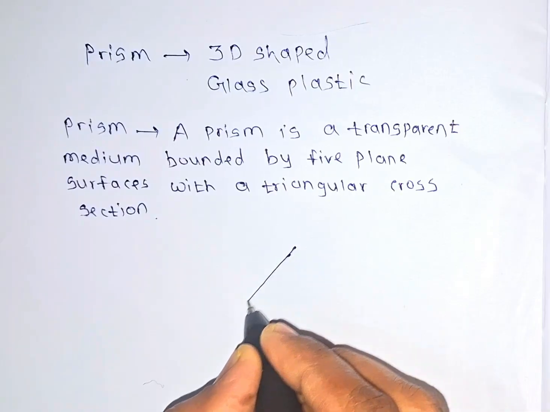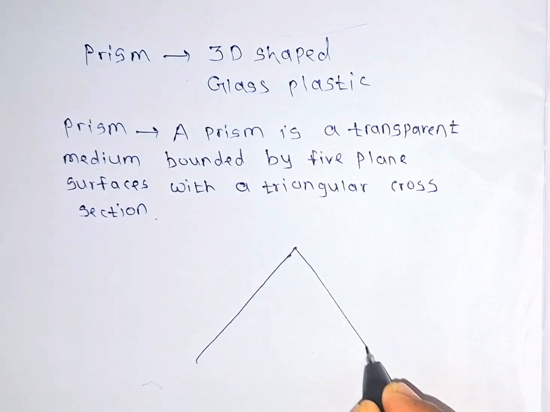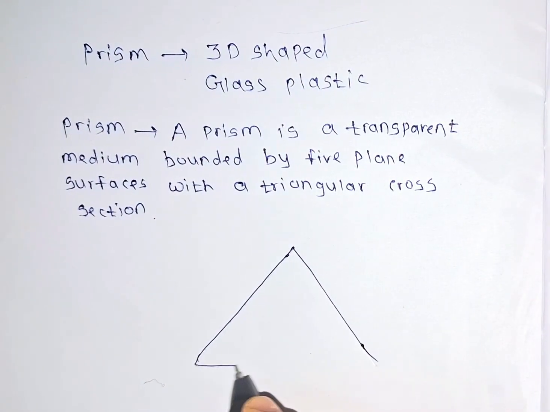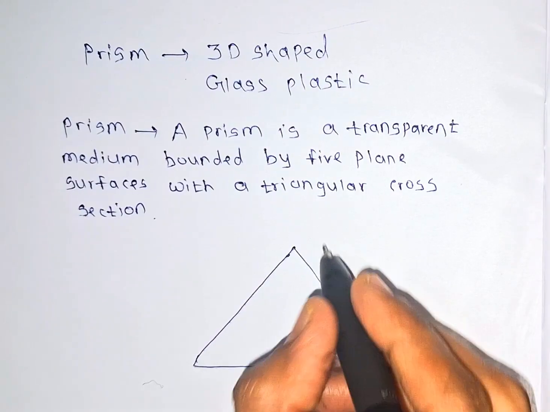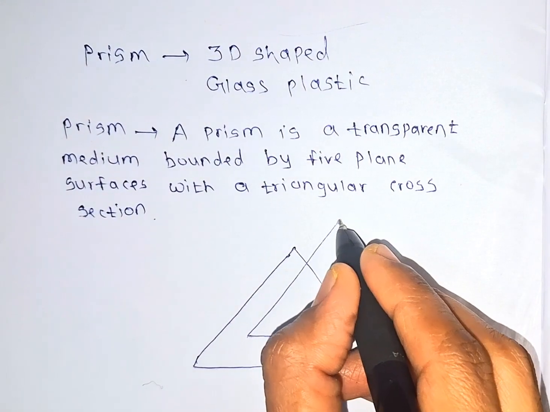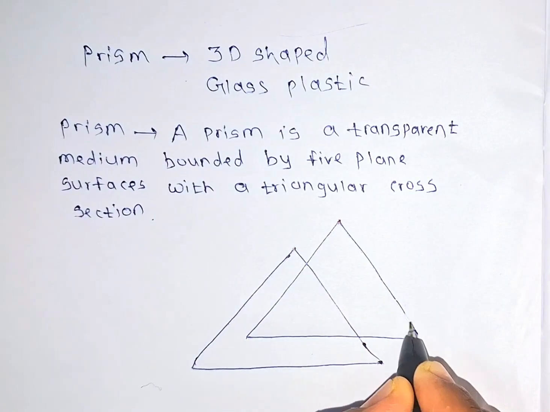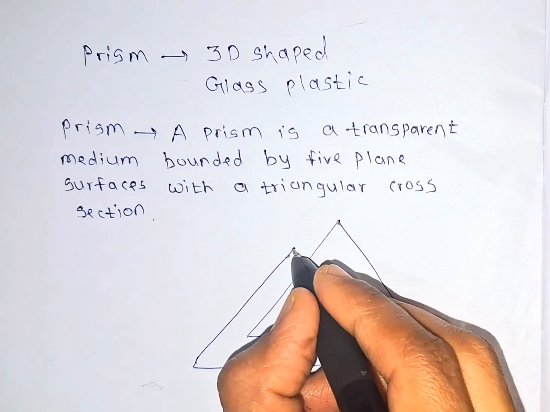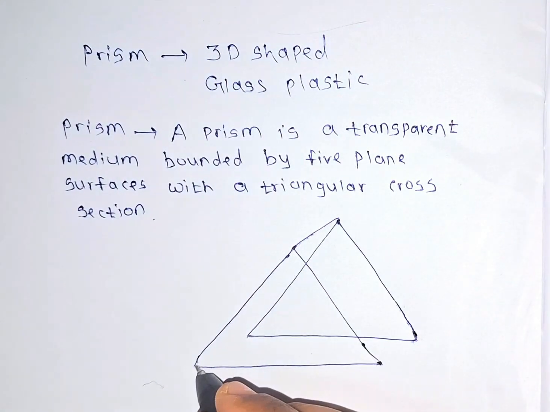So basically, this is one triangle, this is another. Let's join its edges.